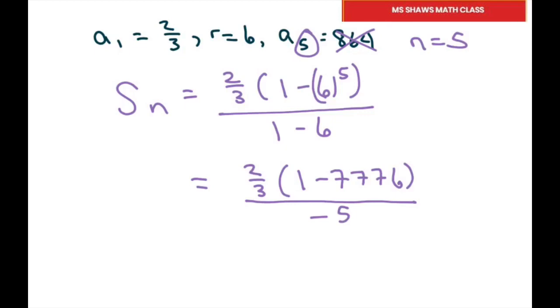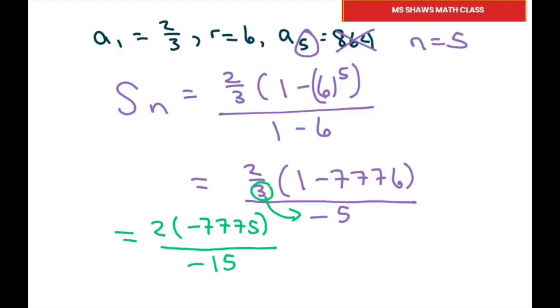So I can write this, put this 3, move it down here. So it's going to equal 2, and it's going to be negative 7,775. 1 minus 7,776 is going to give you that, divided by negative 15.